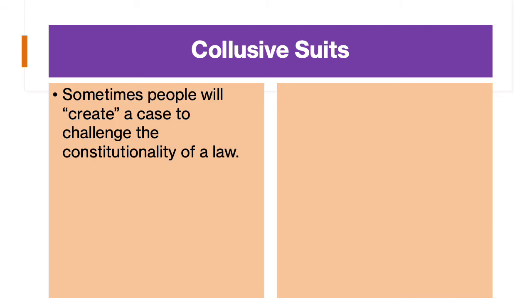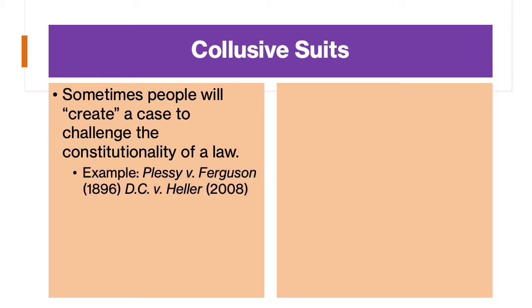Now, sometimes people will actually "create" a case to challenge the constitutionality of a law, and I have "create" there in parentheses. You're going to be reading about a couple of examples of instances where people create situations in order to purposely challenge the constitutionality of a law. The example I'll talk about here is Plessy versus Ferguson.